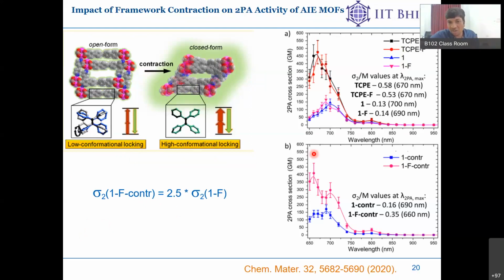These are the values you can see here, in pink and blue color. The blue graphs show the absorption values, where 150 is converted into almost 400. So you can understand how well the nonlinear optical activity has been enhanced.